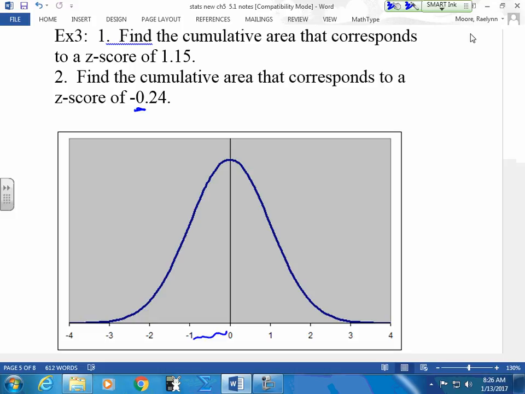Closer to the 0 or closer to the 1? Closer to the 0. So I've got negative 0.24, and I'm looking for the area to the left. Give me a guess. When I look this up, what do I expect to find? A good guess from the curve.